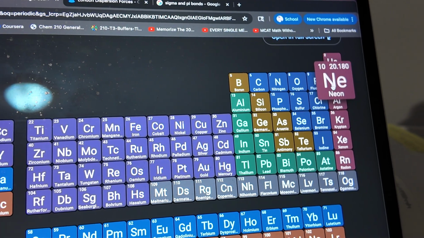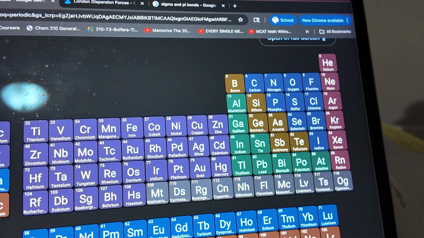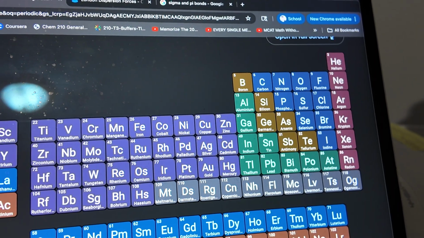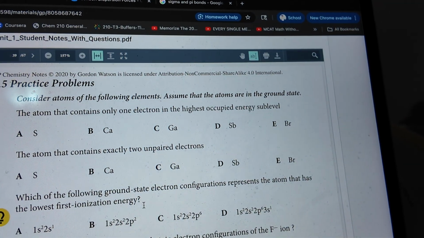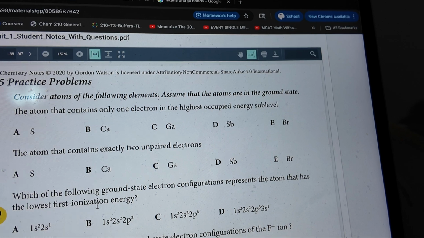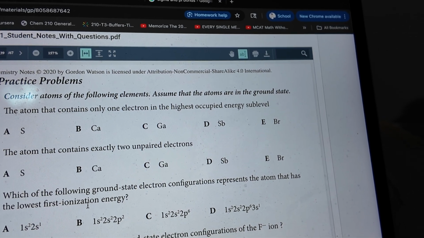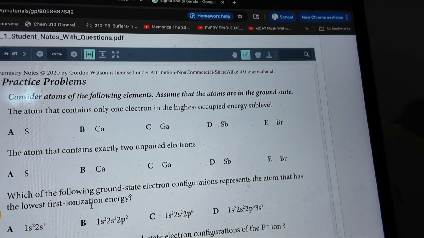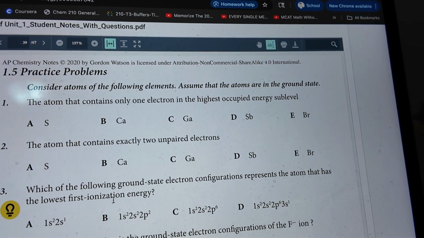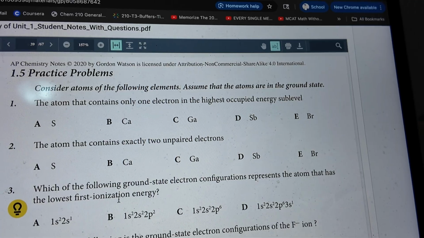Neon and then sodium. Wait, what is it asking about? Has the lowest first ionization energy. So they're asking which one is the most difficult to remove.